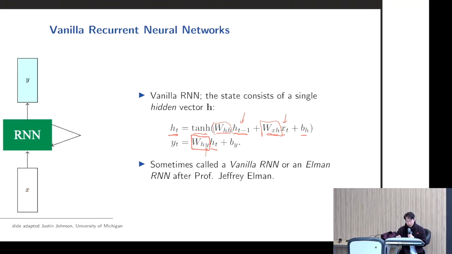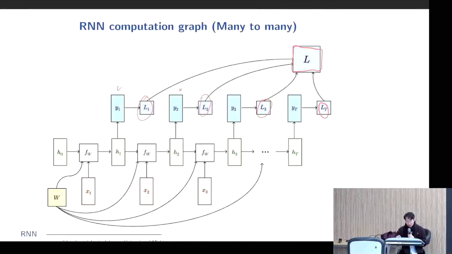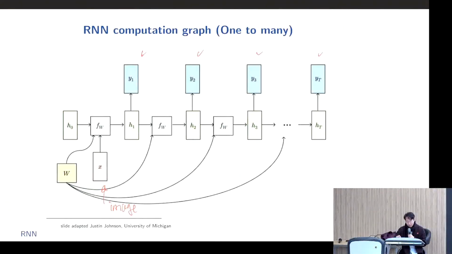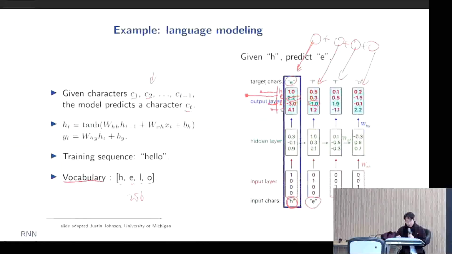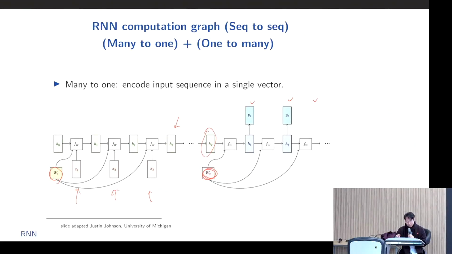For example, if you're dealing with, say, machine translation, it might not make sense to immediately output your translation upon seeing only fragments of the input, because in natural language, the word ordering and structure varies a lot among different languages.